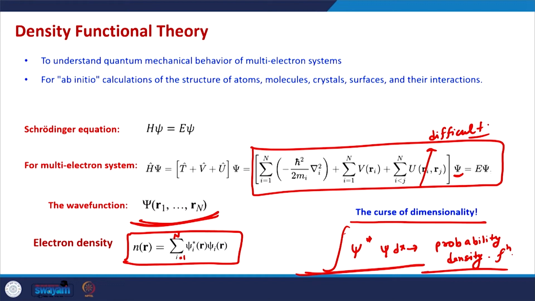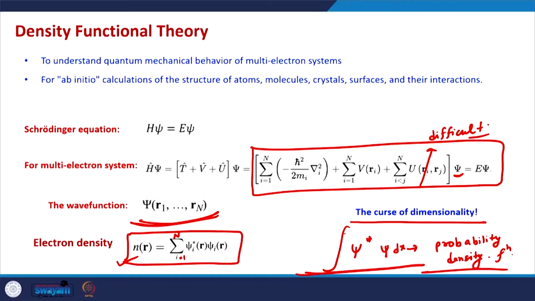On similar lines, this electron density function is defined for all the electrons. We assume as if there is an electron distribution in the system, and electrons are distributed in a certain way, and this is defined by n, or sometimes rho as well.